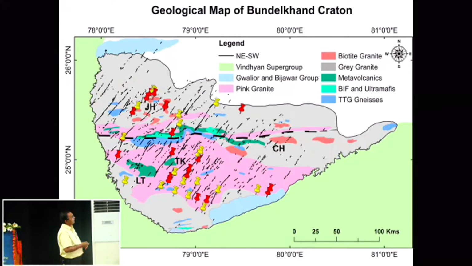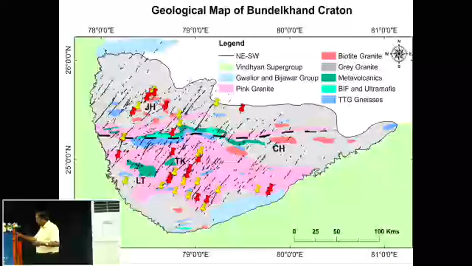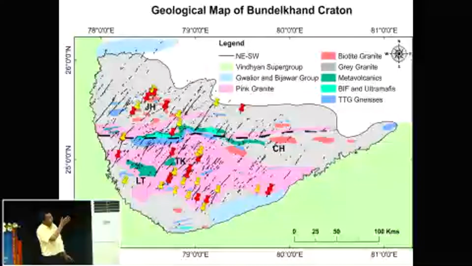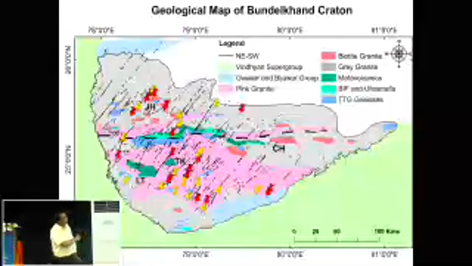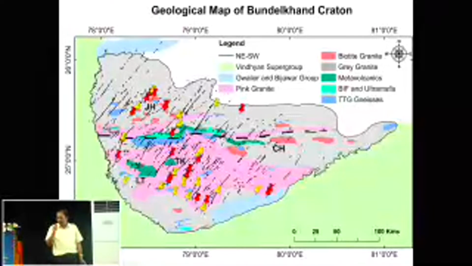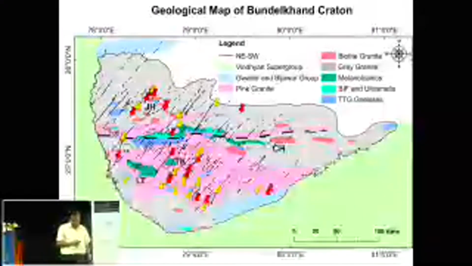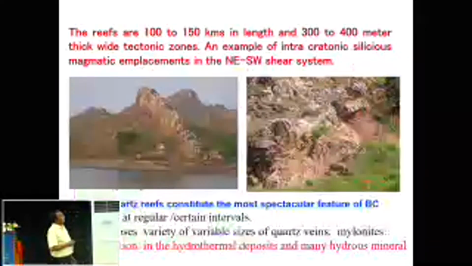Again, the next important part is the quartz reefs. Quartz reefs occur in linear fabrics, and the point shown is a pyrophyllite-diaspore deposit in the Bundelkhand. They are mainly associated with the quartz, not found away from the quartz reefs. Beautiful quartz reef.